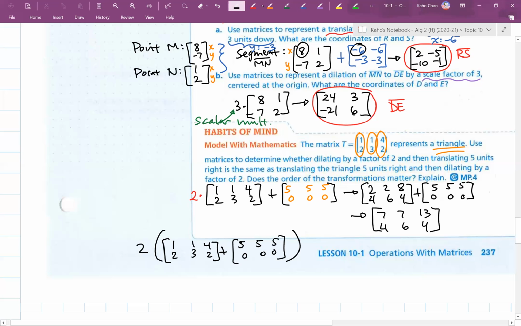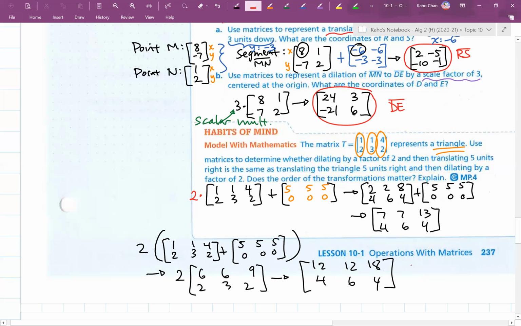It's kind of like algebra almost, basically. So what do we got there? 6, 6, 9, 2, 3, 2. And obviously, we are not going to get the same answer. So guess what? They are not equal to each other. Order of operations matters.